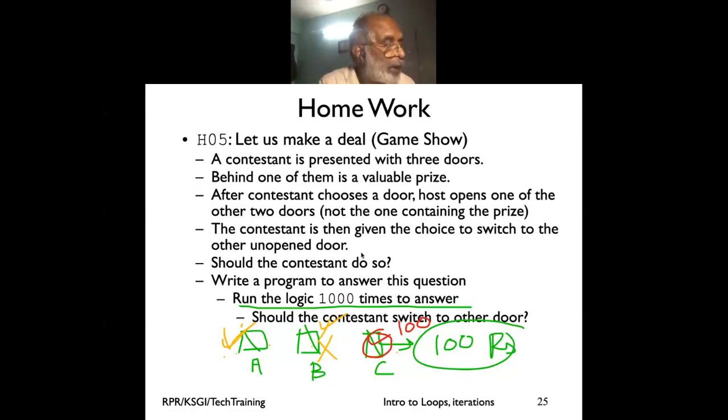And now I ask you as a player, do you want to make a change in choice? Do you want to switch to C or do you want to continue with A? So the question is, what is the probability that if you continue with A, you'll get the money, or what is the probability if you change the choice to C, you'll get the money? Which is the better probability?